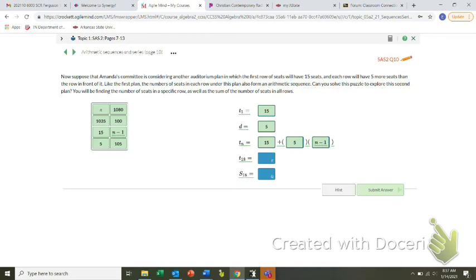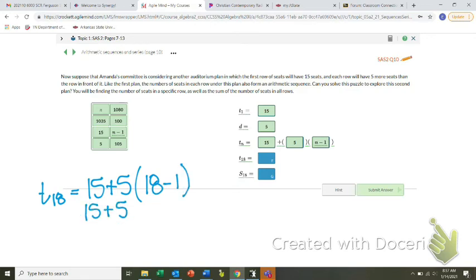Okay? Now, it asks us to find t of 18. So we've got to use this function rule. We're looking for T18 equals 15 plus 5 times 18 minus 1. 15 plus 5 times 17.